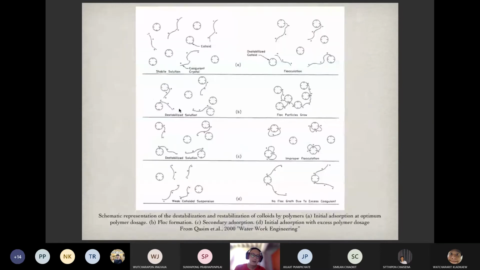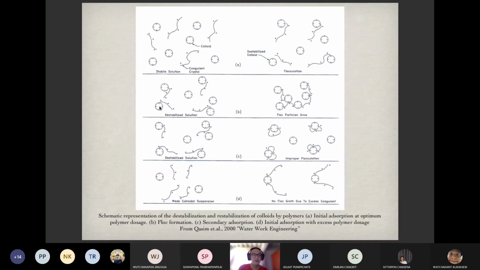For this one, coagulants need to get to each individual particle within a very short period of time, a few seconds, or at most not longer than 1 minute. In order to achieve this, we need vigorous mixing.